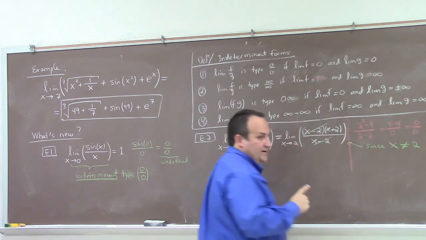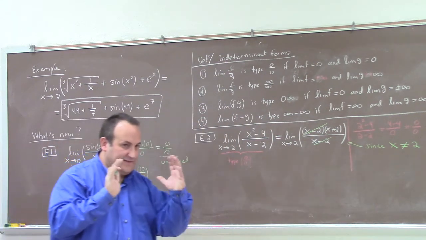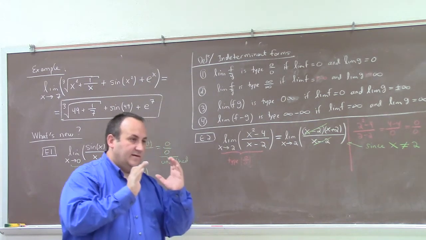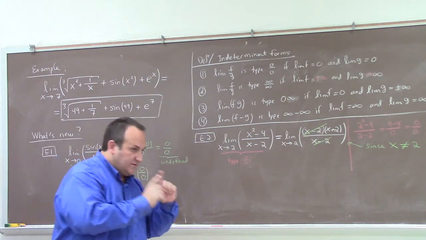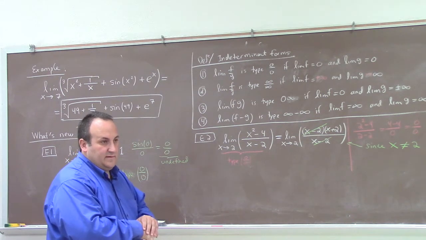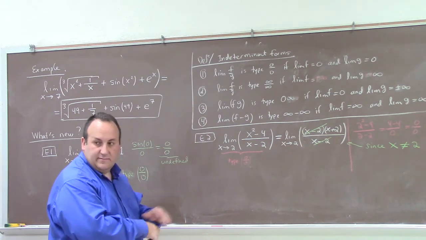How do I know x is not equal to 2? This expression is inside the limit, right? We've defined the limit precisely such that we consider values close to 2, but not equal to 2 itself. So that algebraic step is completely legitimate inside the limit.